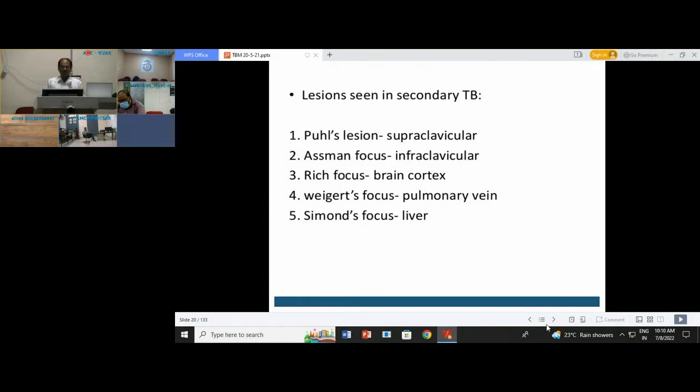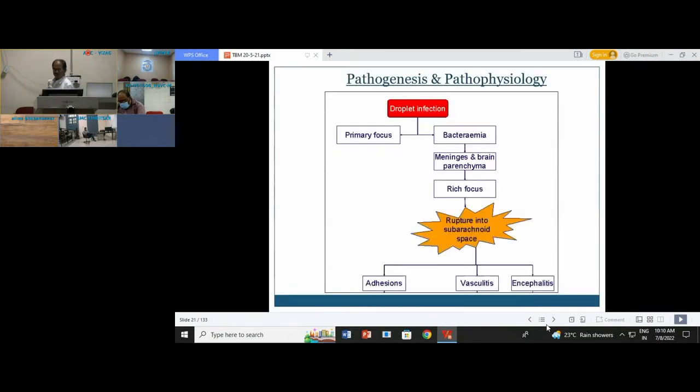Coming to the pathogenesis, how patients develop tuberculous meningitis. The basic focus is in the lungs, the Ghon's primary focus, because of droplet infection, and the bacilli pass through the blood and reach the meninges in the bacteremia. In the meninges, it lodges in the subpial region as the Rich focus. It will be dormant for many years.